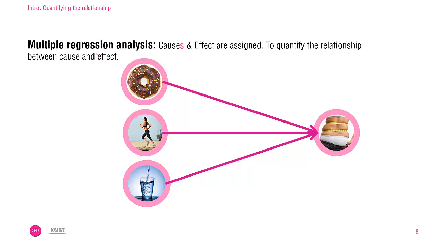The multiple regression analysis includes more than one cause. Imagine you develop an equation that can predict your gained weight based on your donut intake, fitness duration, and water drink.